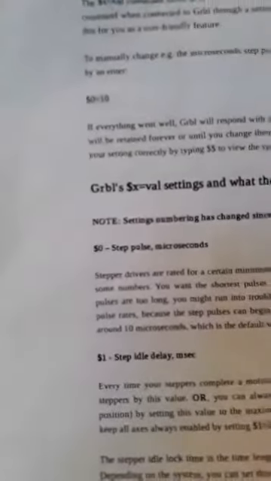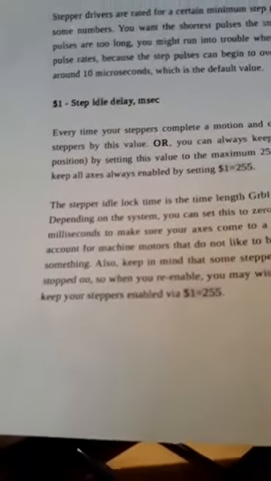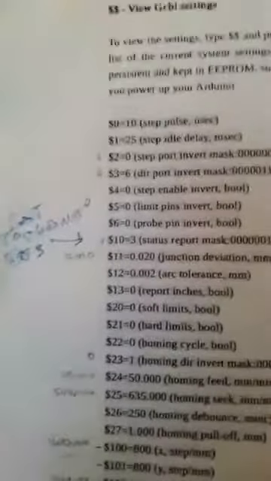There you see $0, and it talks all about it. It uses a quarter of a page for $1, the next one, step idle delay. Now, what I'm getting at with these numbers and with these instructions is that these tell your machine exactly how it's supposed to operate.